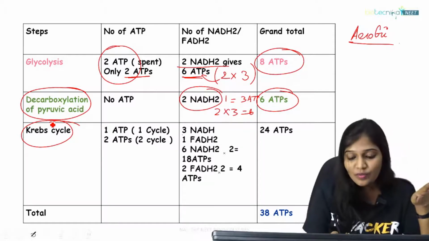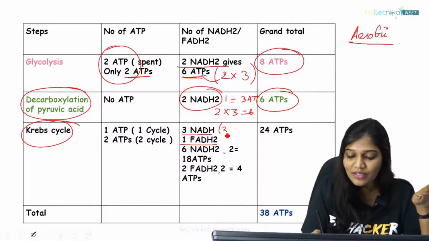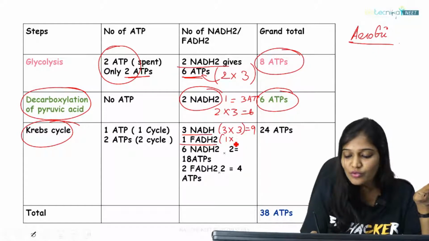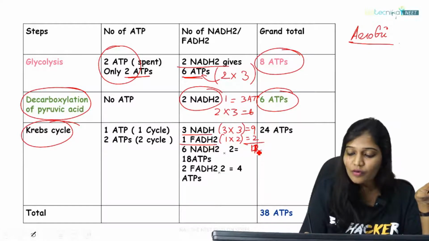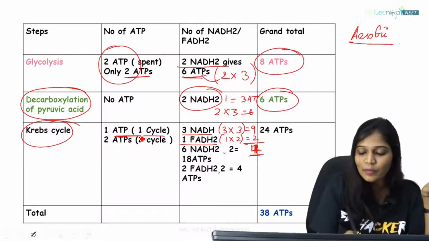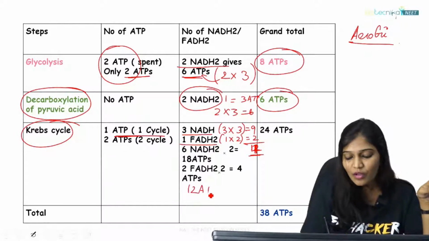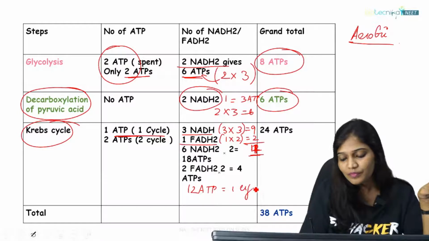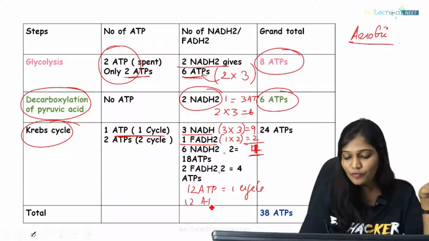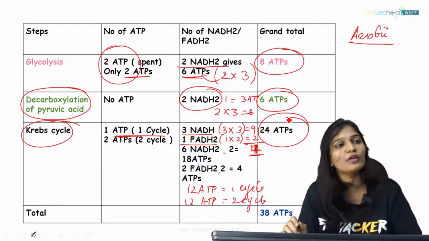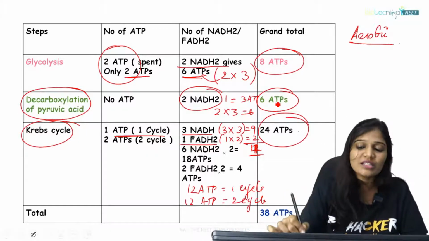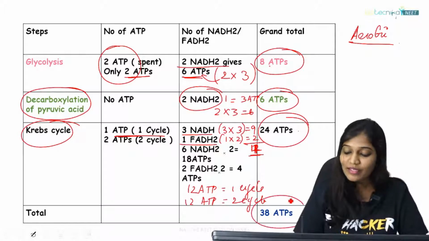And 3 NADH in one cycle, 1 FADH2. So 3 into 3 is 9, and 1 into 2 is 2. So for one cycle, 11 from these plus 1 ATP, which is 12 ATP for one cycle, and another 12 ATP for the second cycle. So in total it is 24 ATP.